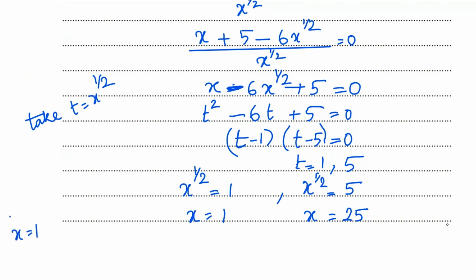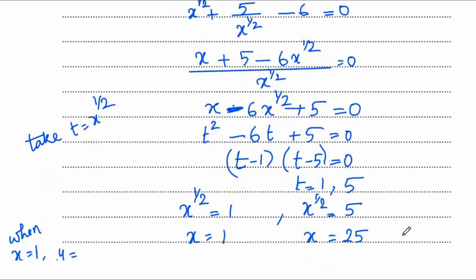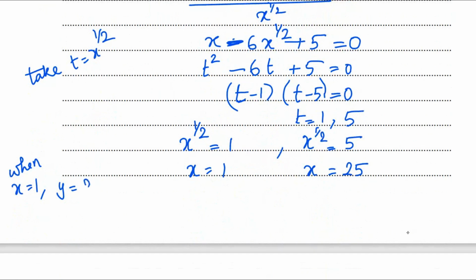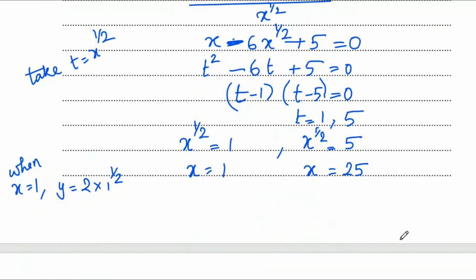When x equal to 1, y is equal to, substituting in any one equation, 2x power 1/2, 2 times 1 power 1/2 plus 13x power negative 1/2, that is 1 power negative 1/2.